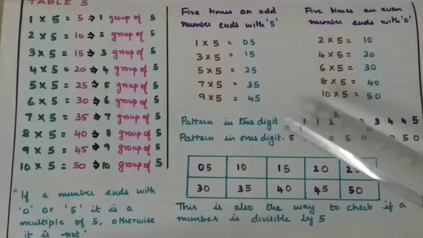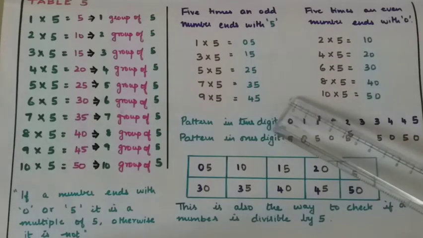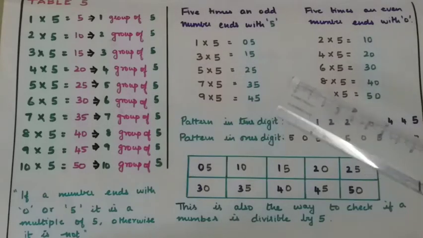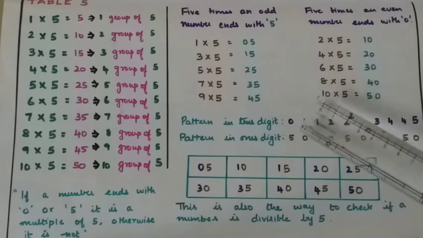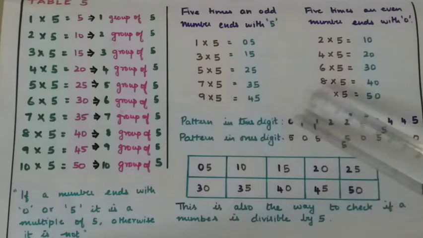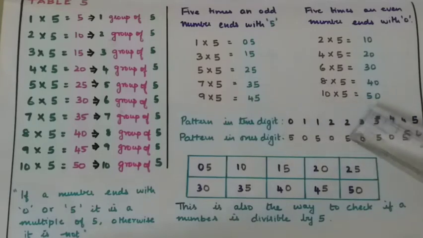So here I've written the pattern in tens and ones digit. If you take table 5, the pattern in tens digit is nothing but 0, 1, 1, 2, 2, 3, 3, 4, 4 and 5, and the pattern in ones digit is 5, 0, 5, 0, 5, 0, 5, 0, 5, 0.